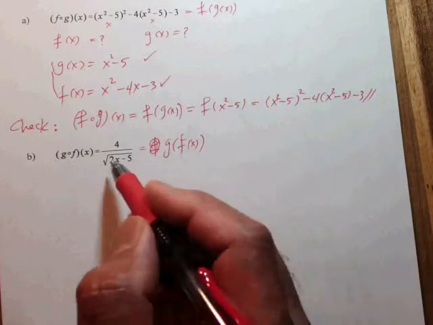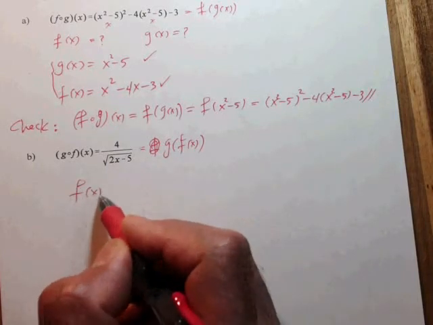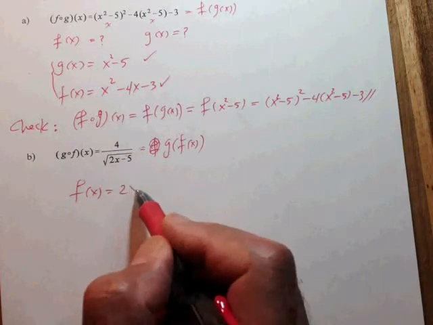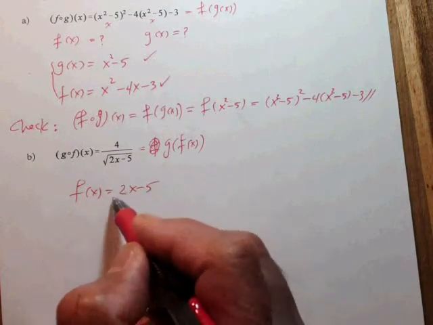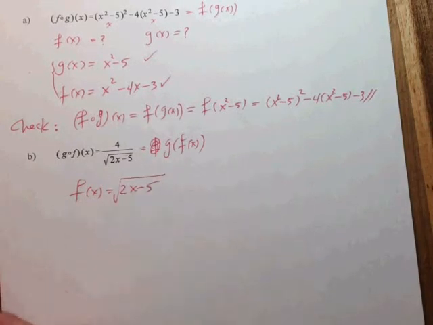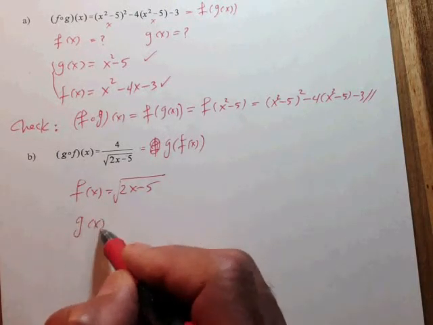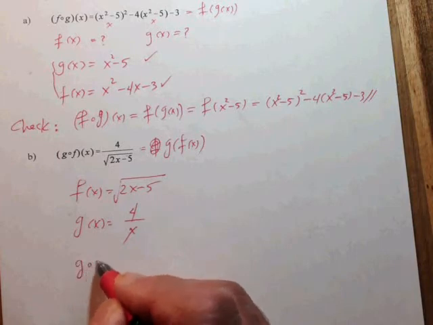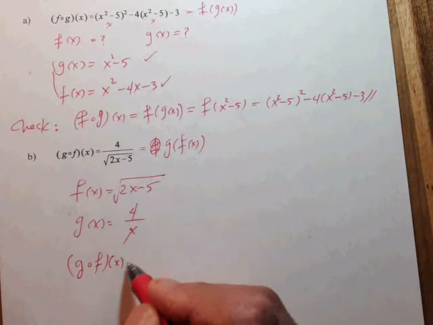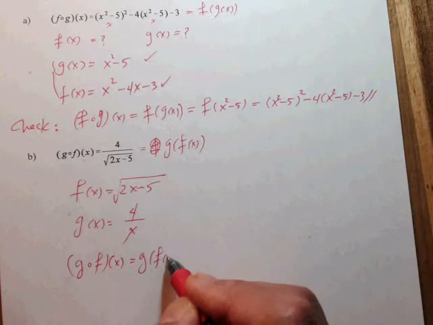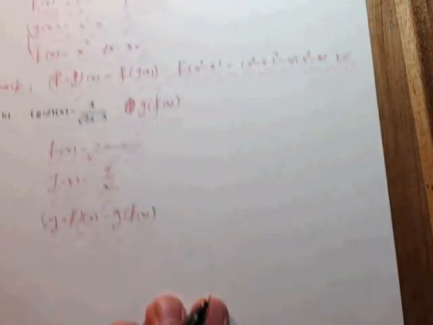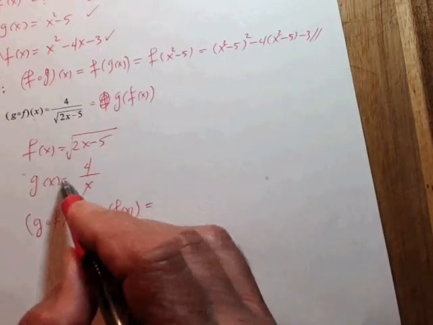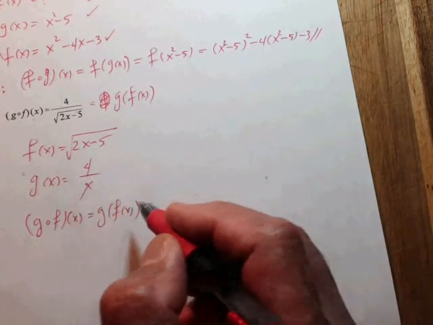F of x is the inside function, so I call f of x to be square root of 2x minus 5, and then I put g of x to be 4 over x. Now if you look at g circle f at x, which is g of f of x, that means in g you have to replace all these x's.